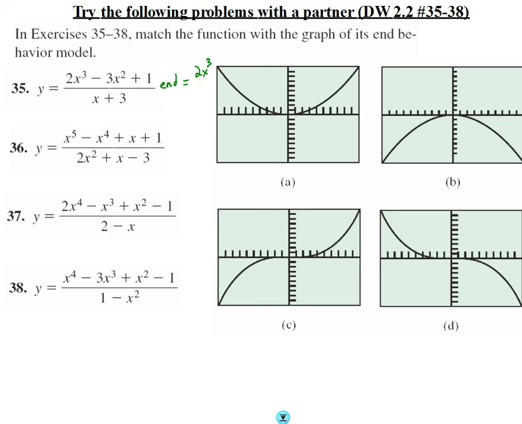My end behavior for the bottom is going to be x. So when I do my simplification, I get 2x squared. Now I have to ask myself, which one of these graphs looks like 2x squared? And I'm going to say this one goes with A.